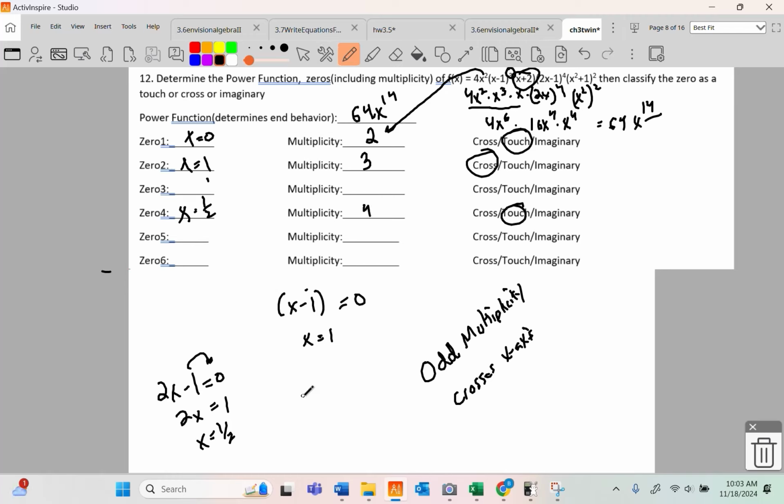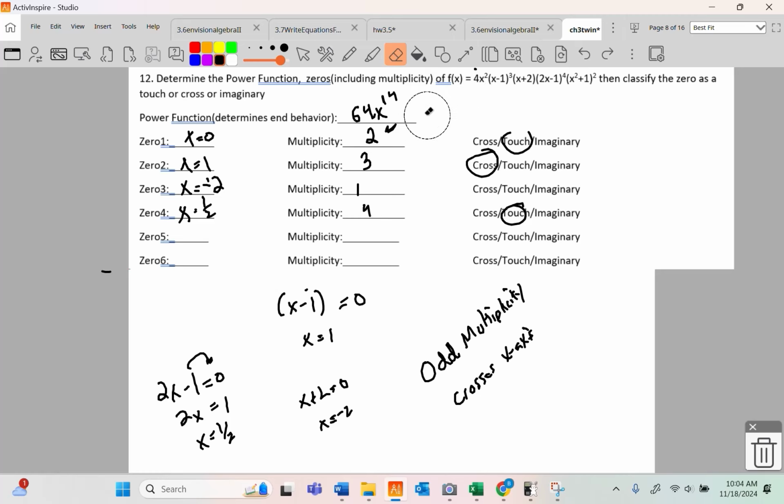See that guy right there? X plus 2 is nothing. X is negative 2. It has an understood exponent of 1, and that's going to get some kids, because some of us don't know how to tie our shoes yet, but we have the understood exponent of 1, which is odd. That's a crossing. Odds cross, evens touch.